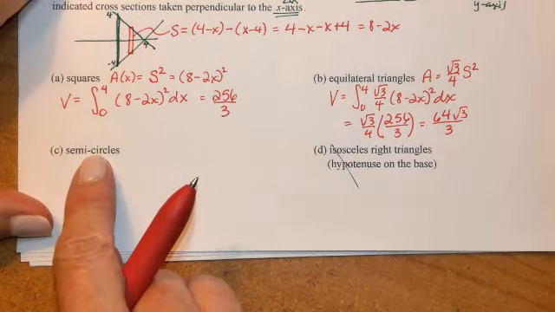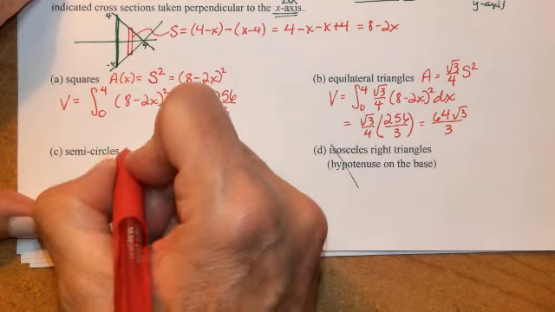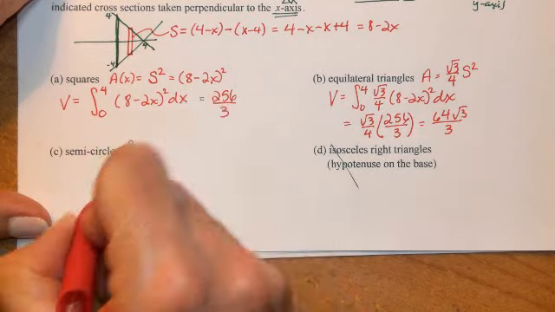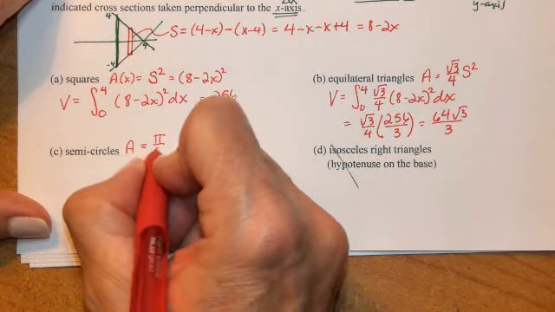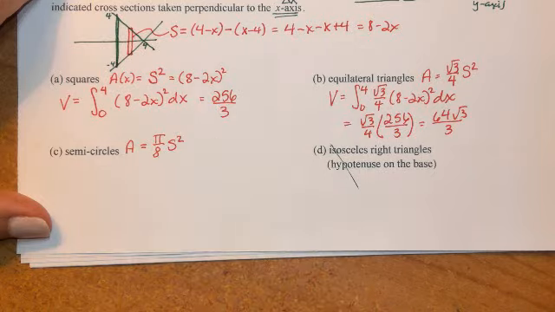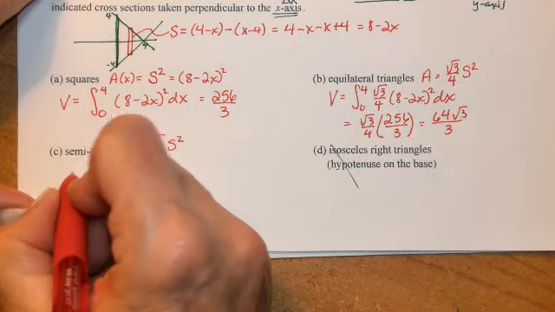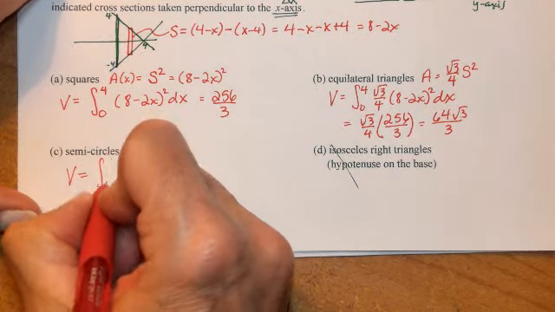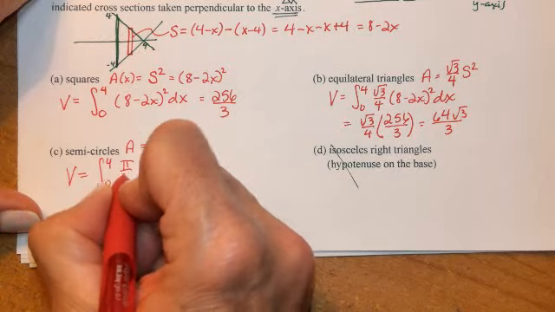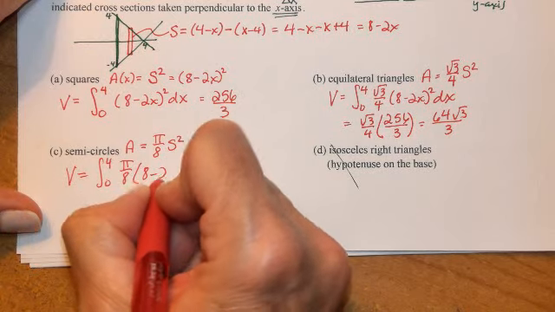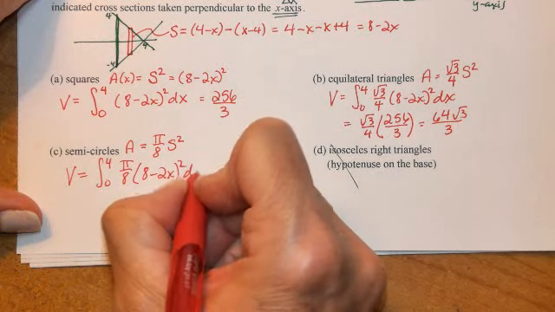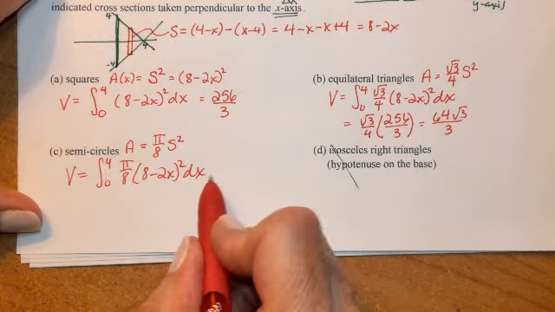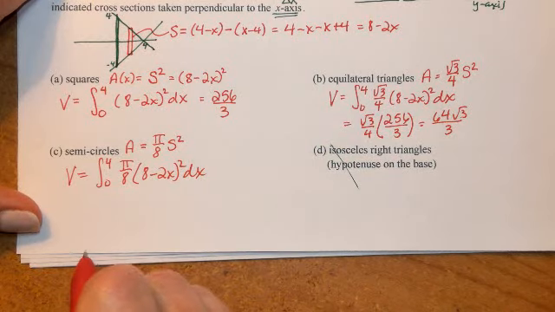What if each cross section is a semicircle? So then the area will be pi over 8 s squared. So our volume will be the integral 0 to 4 of pi over 8 s squared dx, because we have to give it a little thickness.